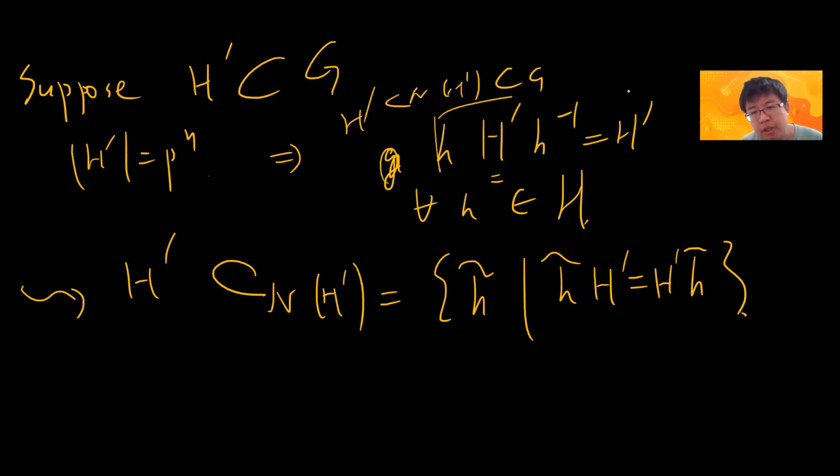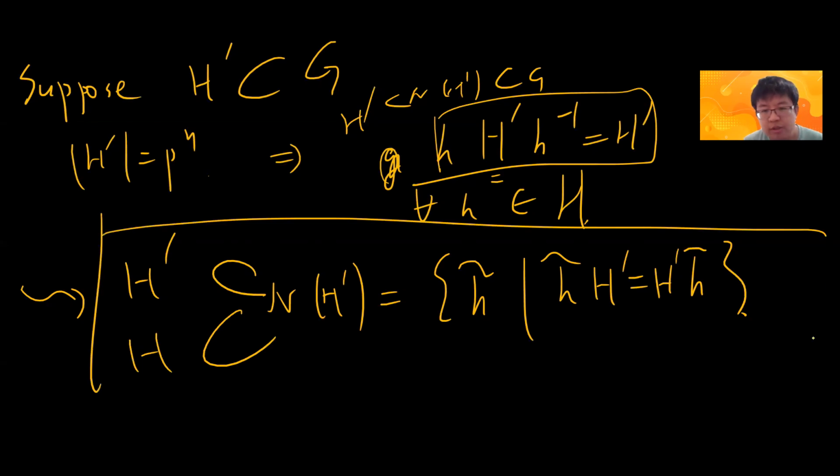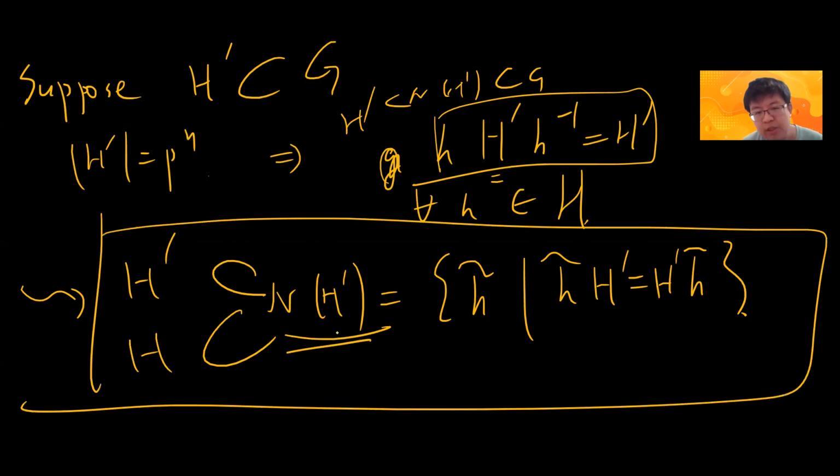In this case, all h belonging to H will fix H prime. So H is inside this. The order is just a prime power times something, and N of H prime is less than G.